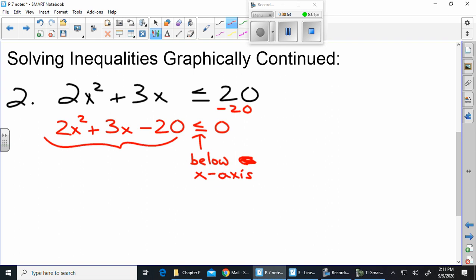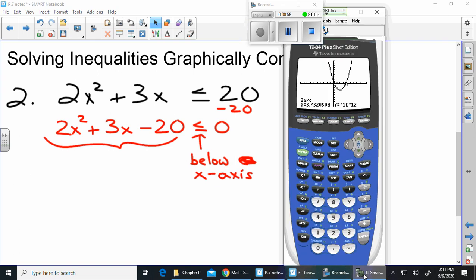So no work, get out my calculator, y equals, put in 2x squared plus 3x minus 20, graph it.